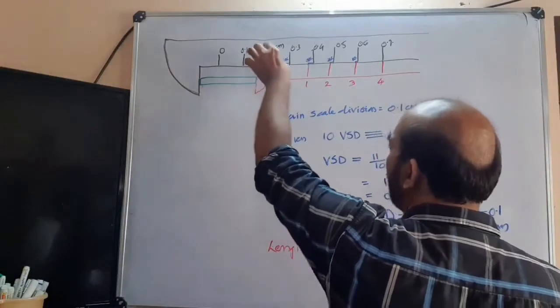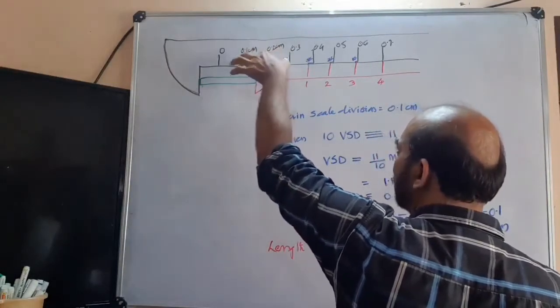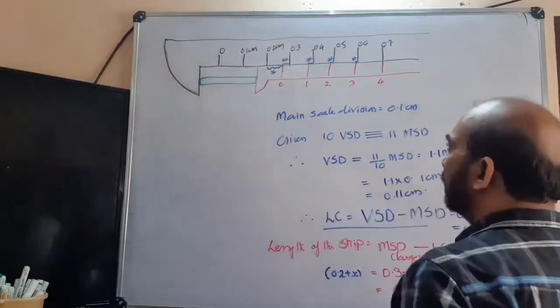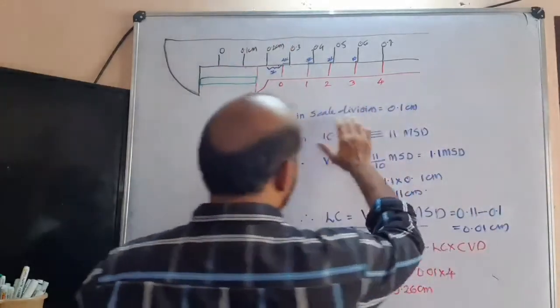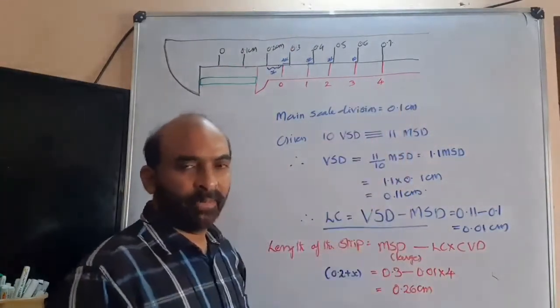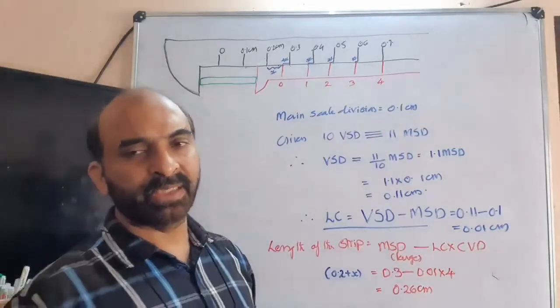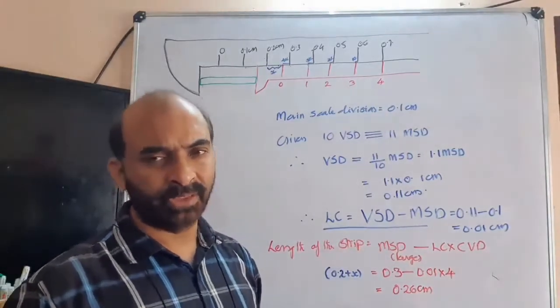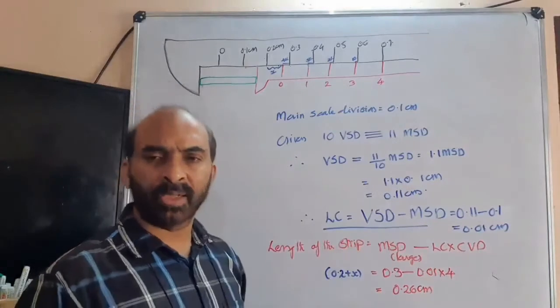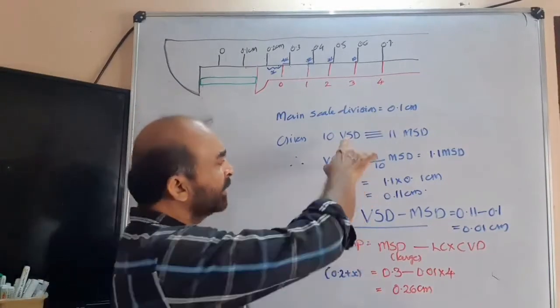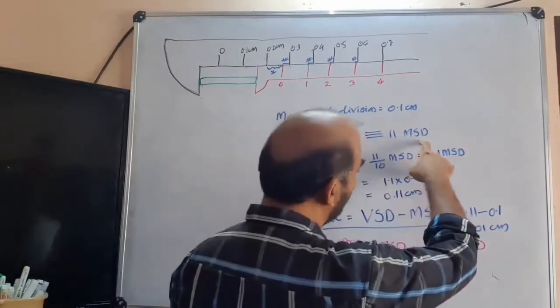So how to determine this total distance? Main scale division here is 0.1 centimeter. By construction, this device has the main scale division to be 0.1 centimeter. And also we are given here 10 vernier scale divisions equivalent to 11 main scale divisions.